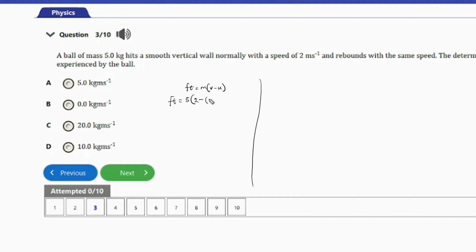Since there is a rebound with the same speed, that's going to be like a negative 2. So that will be 2 minus negative 2. So that's 2 plus 2, guys. So in this case, we'll have 5 into 4, and that's 20. So option C is the answer to this question, 20 kilogram meter per second. Alright, so guys, let's go ahead and consider the next question.